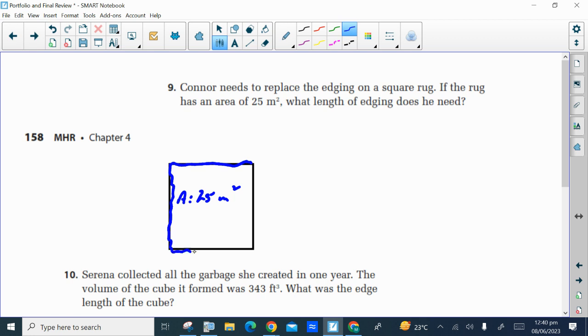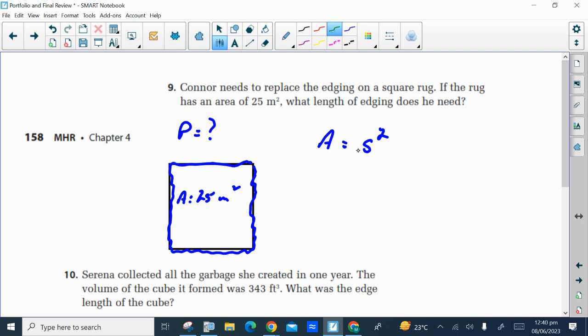The edging needs to be replaced on the rug, so that is going all the way around the outside. We need to know what the perimeter of this rug is. That's what we need to find. It is a square, so if we know the length of one side, then all four sides are that same length. And we can find out what it is because remember, the area of a square can be found by taking the length of each side and squaring it.